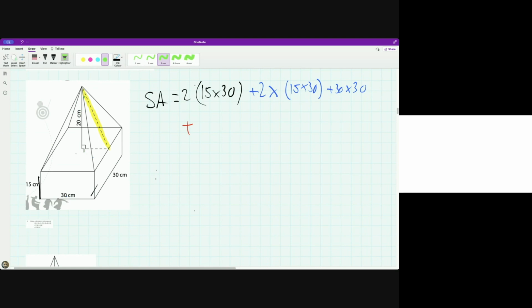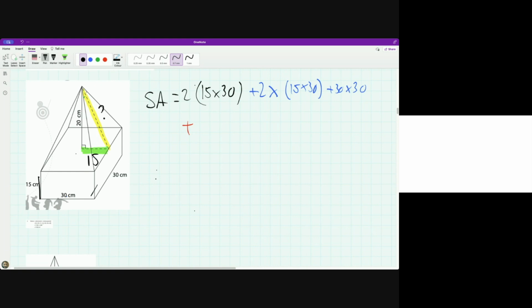So we need to know this one over here. We know that that's that. What is the green length going to be? Well, since this has to be in the middle, and this is 30, this has to be 15.